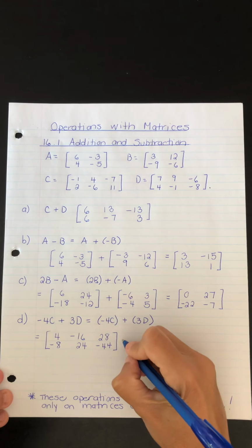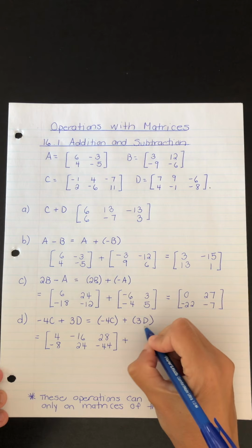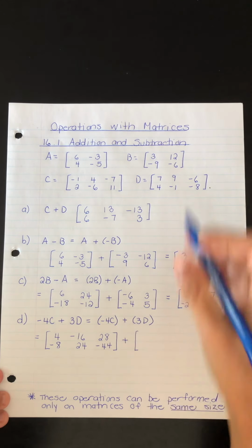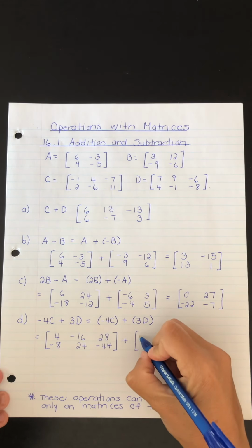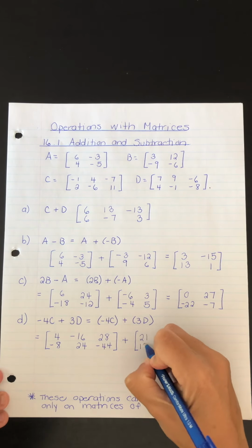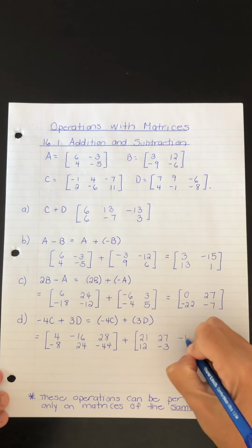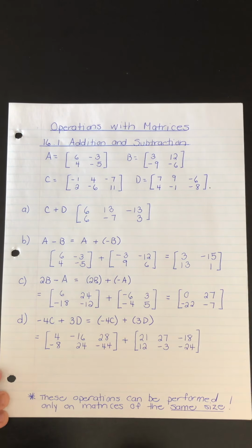We now have addition. We'll now form this matrix 3 times D. So we must triple all elements here. Like this.